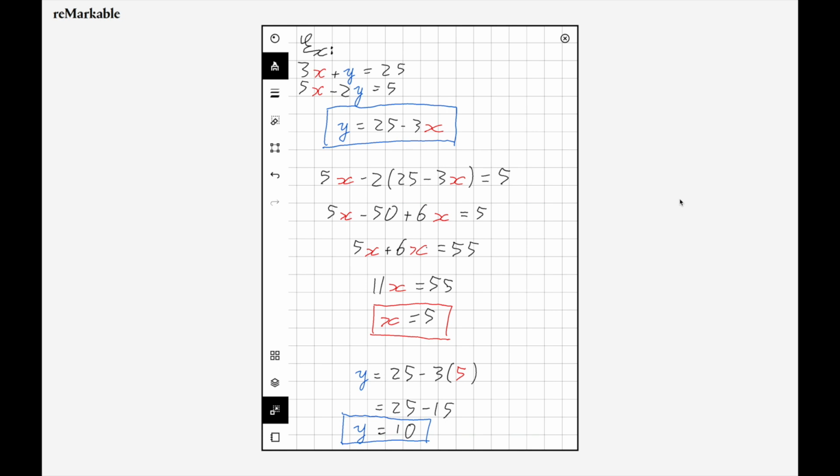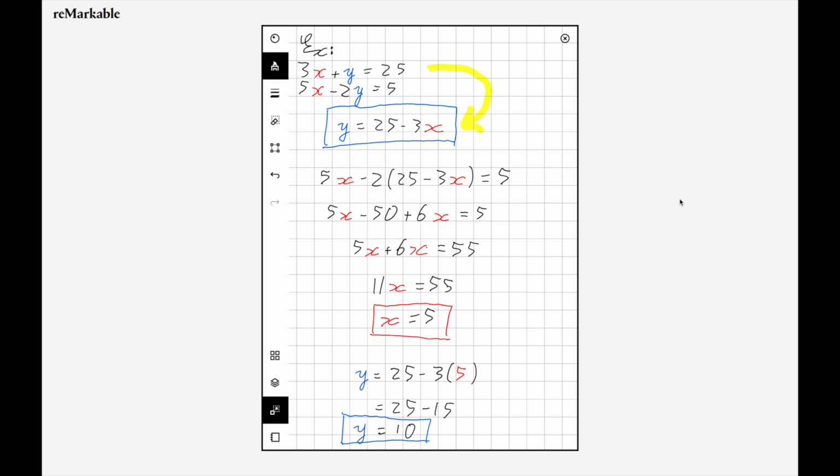So we take this first equation and we turn it into our expression of y in terms of x. So we have y on one side and what y is equal to on the other. And what y is equal to will have a purely numerical part and a part that is multiplied by x.